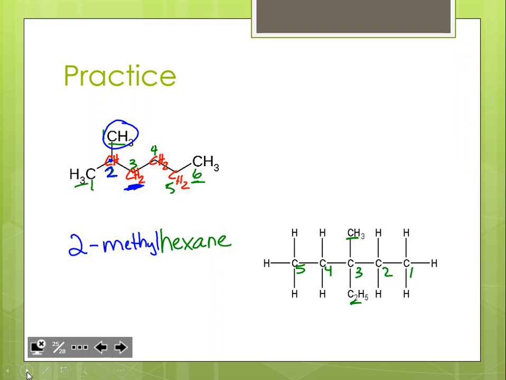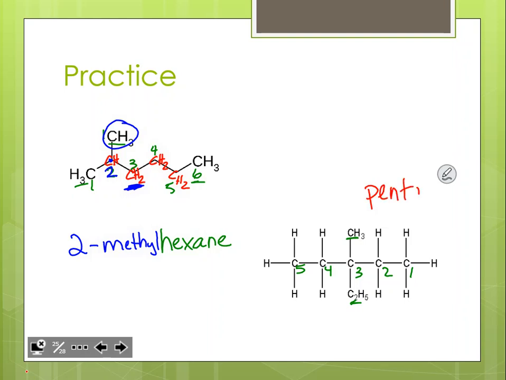How many are in this one? What's our root name for this particular structure? 5 carbons is the pentane.